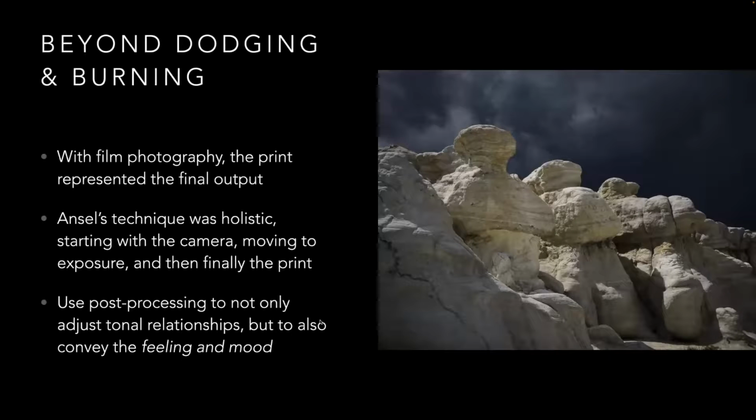So in Ansel's time, post-processing was two steps. It was how he developed his negatives based on his notes, and it was also how he made his prints through exposure times that he would calculate with test prints, and then dodging and burning to accentuate or diminish or bring back tones to localized regions. So with film, that's the print, that's the final output.